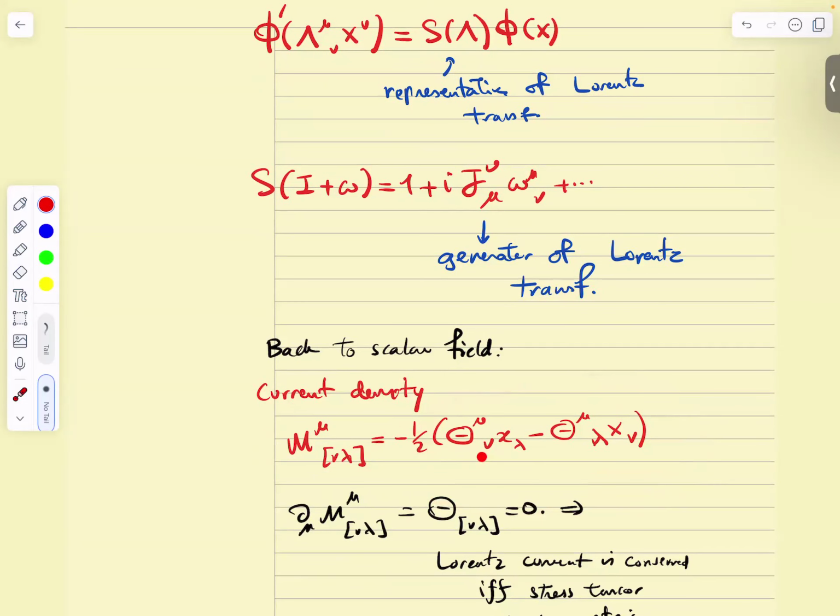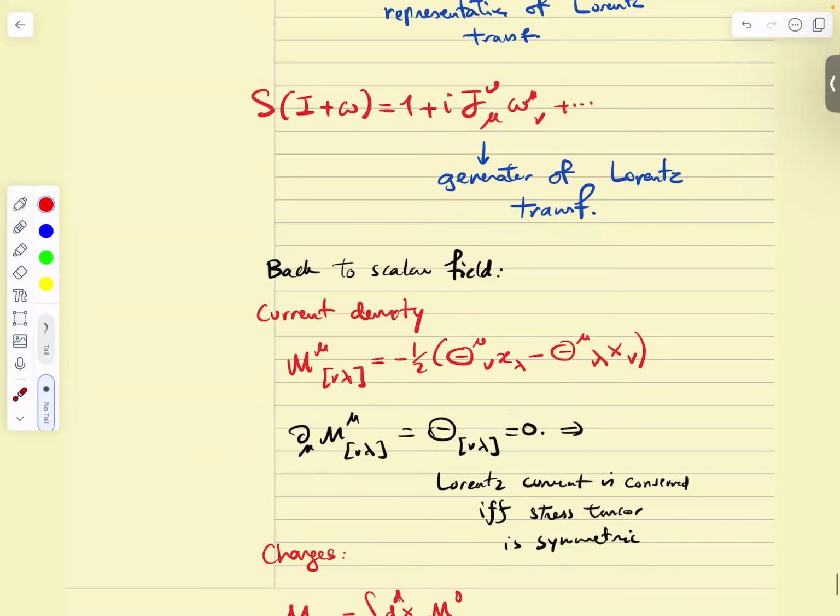It's actually related to the stress tensor, but it has these x's multiplying it. If you write down the conservation law for this, you obtain that it is guaranteed using the fact that the stress tensor was conserved, plus now, in addition, it has to be symmetric.